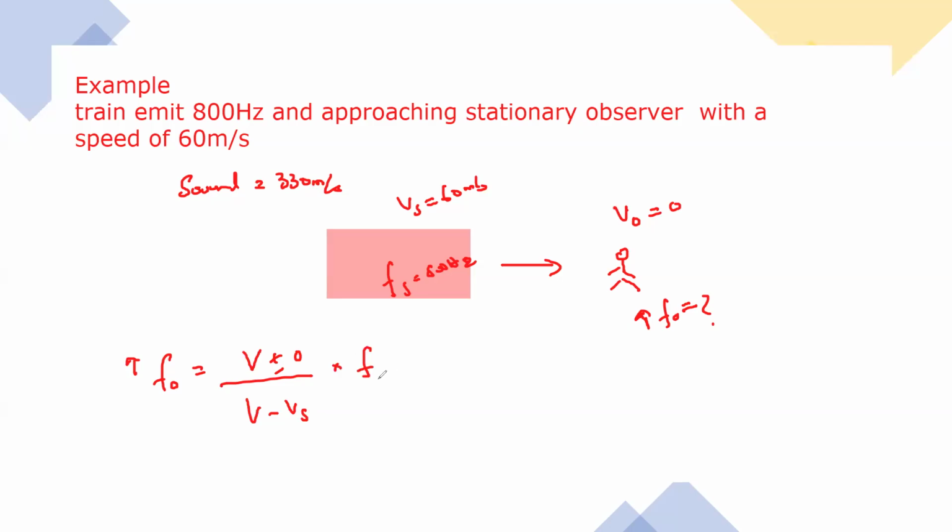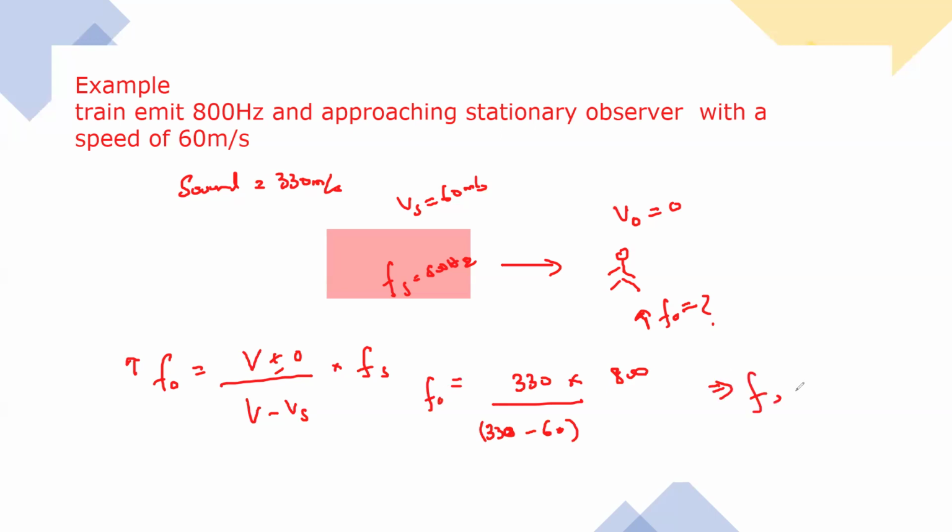Into the source frequency. So when we simplify, the speed of the wave, which is 330, multiplied by the frequency of the source, which is 800, divided by the speed of the wave 330 minus 60. So when we simplify, that will give us the observed frequency.